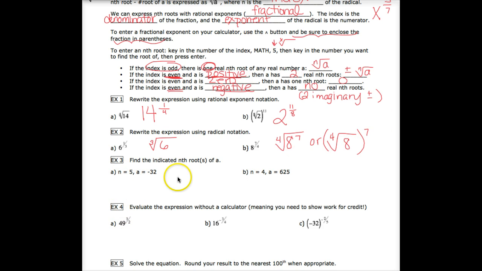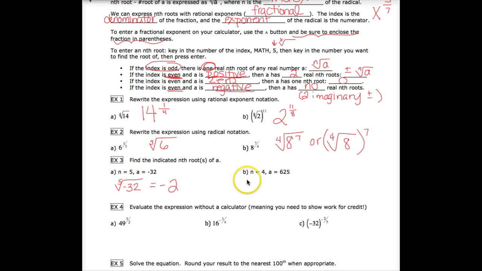All right, example 3, find the indicated nth root of a. If n is 5 and a is negative 32, that means I want the fifth root of negative 32. This is an odd index, so there should just be one answer. Fifth root of negative 32, if you punch that into your calculator, if you don't know it already, is negative 2. There's just one answer, and that's it.